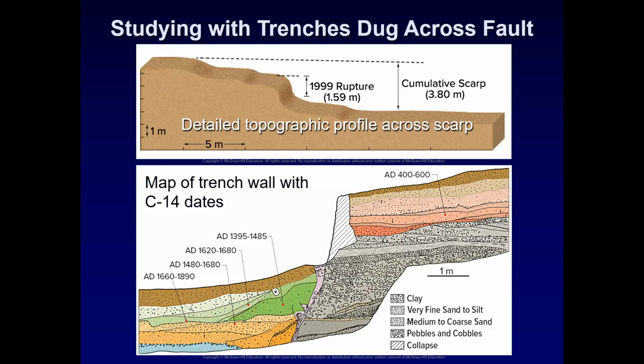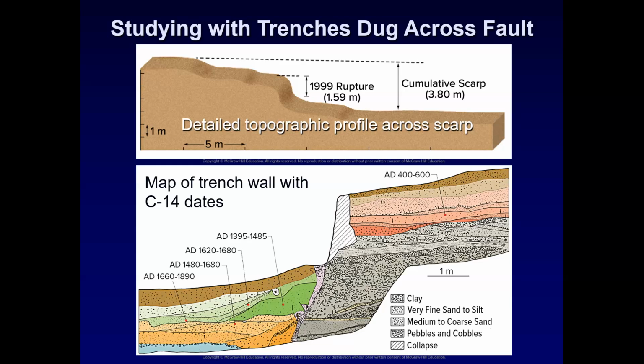In this case, trenches were dug across the fault, and geologists mapped the exposed offset sedimentary beds in the trench walls. They looked at layers that contain charcoal, and they dated them using carbon-14 radiometric dating. From that, they got a timeline for fault movement.